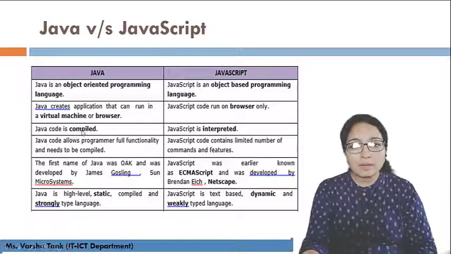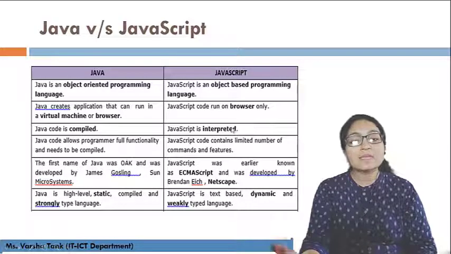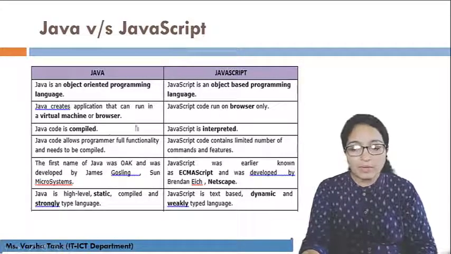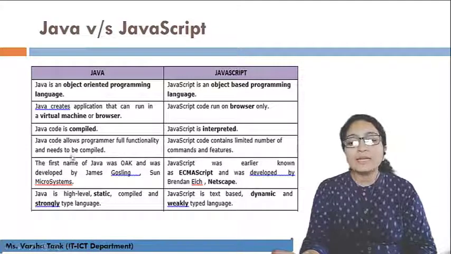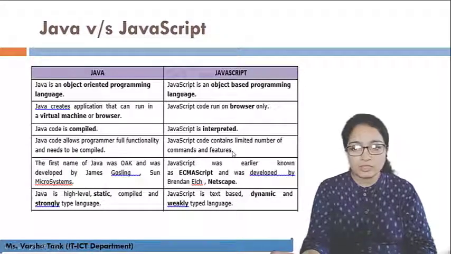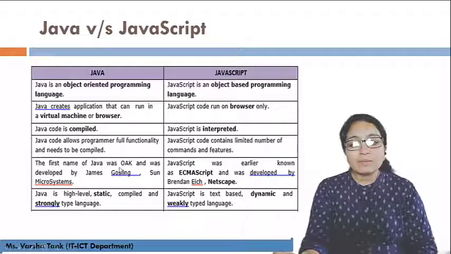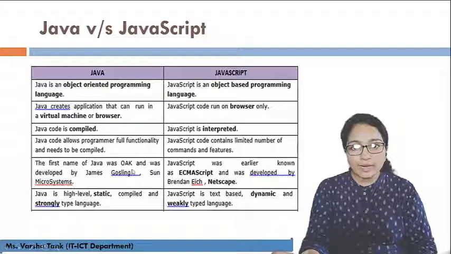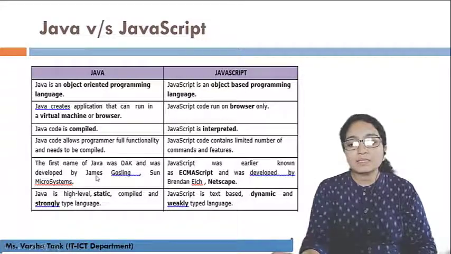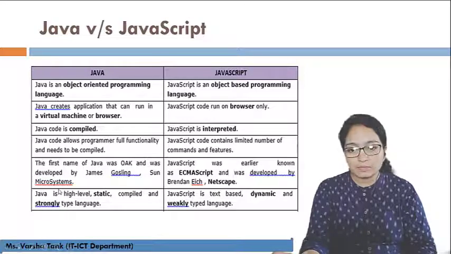Java code is compiled code. JavaScript is interpreted. Java allows the programmer full functionality and needs to be compiled, and JavaScript code contains a limited number of commands and features. The first name of Java was OAK, and it was developed by James Gosling at Sun Microsystems.